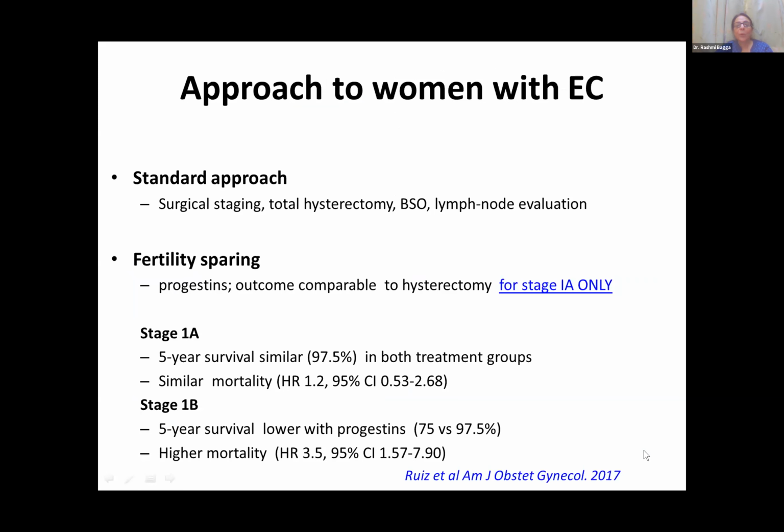The standard approach in endometrial cancer is surgical staging: total hysterectomy with bilateral salpingo-oophorectomy and lymph node dissection. The fertility sparing approach involves the use of progestins, and its outcome is comparable to hysterectomy in stage 1A only, which shows a similar 5-year survival of 97.5%, whether you do the standard treatment or a fertility sparing treatment followed by surgery.